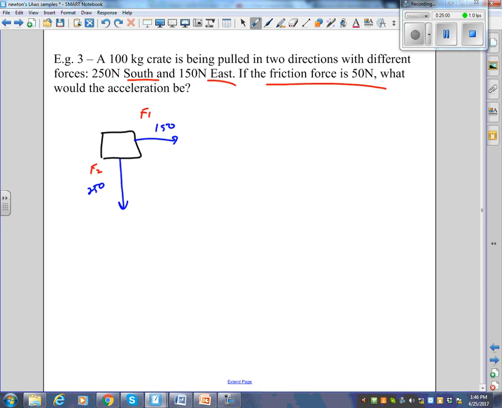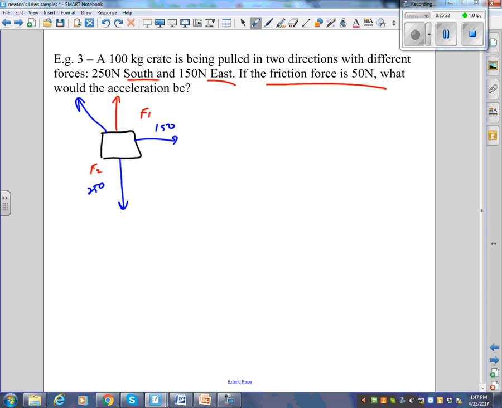Now, there is also friction. Which direction is friction? But which one is greater? Whichever one is greater, the friction force is applied on. Okay, so AJ thinks it's like that because this 250 is greater. Okay, Brett is saying it's going to be like that.